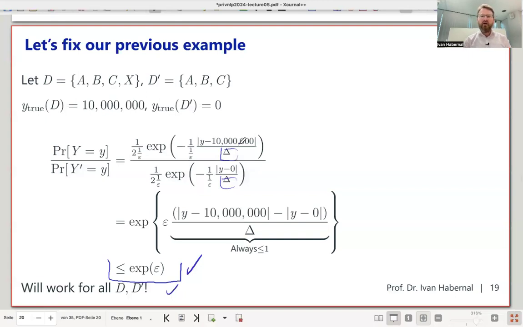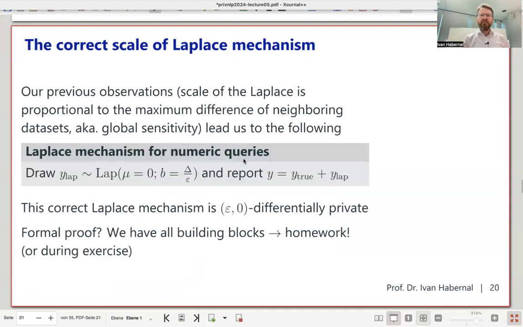And now we can make it nicer, because we just kind of hacked this Laplace distribution, so maybe we should do it more formally. The correct scale of the Laplace mechanism for any numeric query is, let me read what is here: the observation that the scale of the Laplace is proportional to the maximum difference of neighboring data sets, aka global sensitivity, leads us to the following. If you tried hard, you would maybe come up with this after these examples.